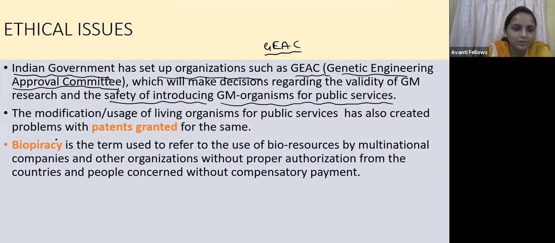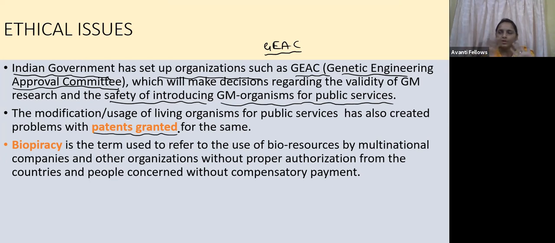So guys, a very important thing is that patents are granted. For example, you have created one genetically modified organism, like tobacco. The patent will be created in your name, and you are the patent holder of this product.